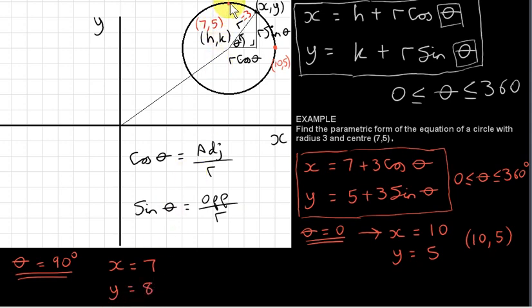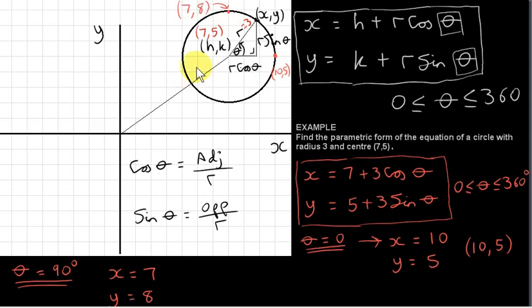So this point has coordinates (7, 8). Now let's look at the coordinates of this point here. Well, this point corresponds to theta equals 180 degrees. If we draw in the radius line, theta, which is measured anti-clockwise from the positive x-axis, is 180 degrees.